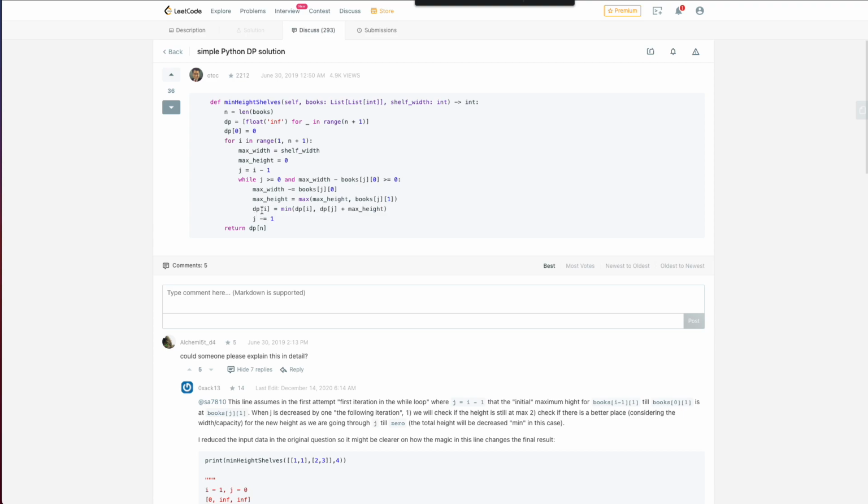So maximum J value is our I, book I. So the minimum of the current book we're looking at, comma, some book prior plus max height of our current row.